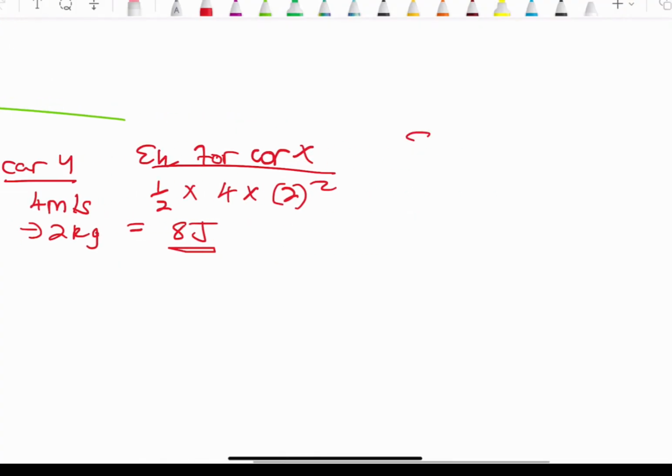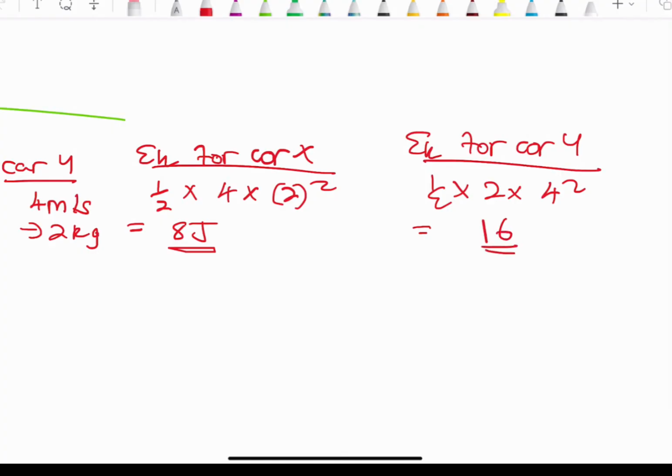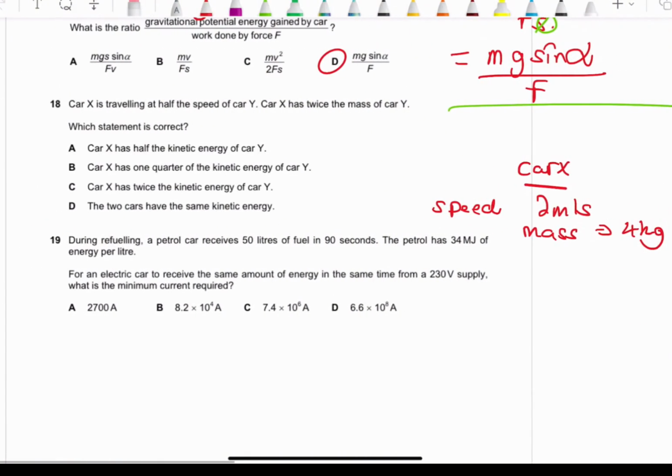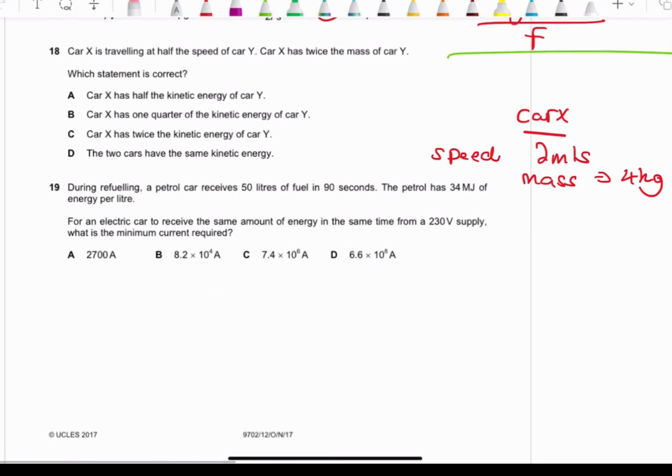Let's go for car Y. EK for car Y is 1/2 times 2 times 4 squared, which gives us 16. So as you can see, the kinetic energy of car X is half that of car Y, and the answer is A.